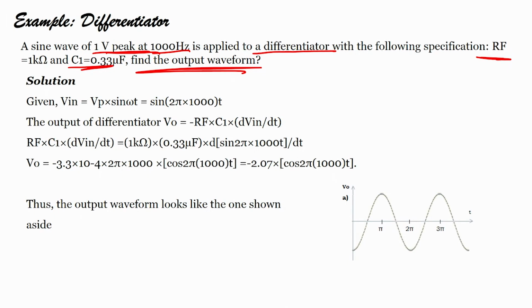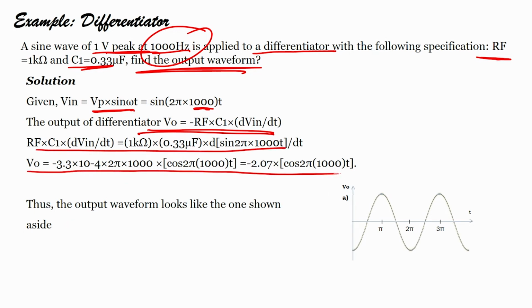V in equals Vp sin omega t, which is sin 2 pi into 1000 t. The output voltage of the differentiator is given by this value. When I substitute the values, I find that VO is minus 2.07 cos 2 pi 1000 t. Thus, the output waveform looks like the one shown here.